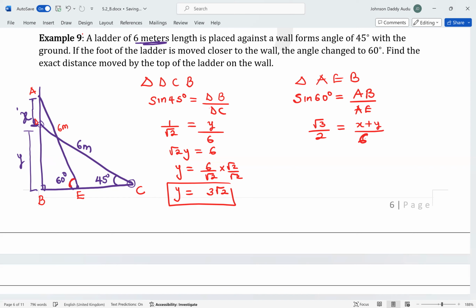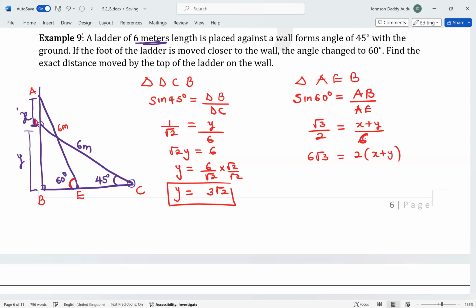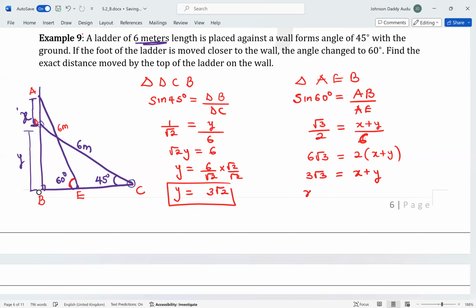So here we just need to solve. If you cross multiply, you have 6 root 3 equals 2 times x plus y. If you divide both sides by 2, you will have 3 root 3 equals x plus y. And remember, what are we interested in? We're interested in x. So x is going to be 3 root 3 minus y.